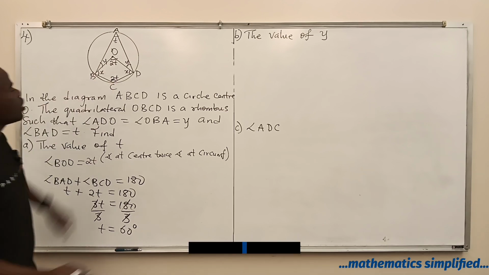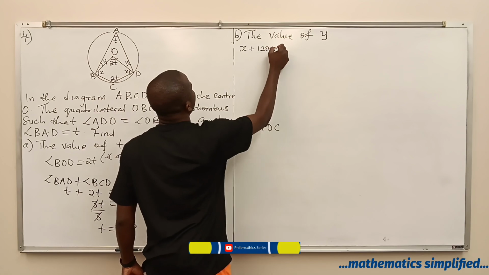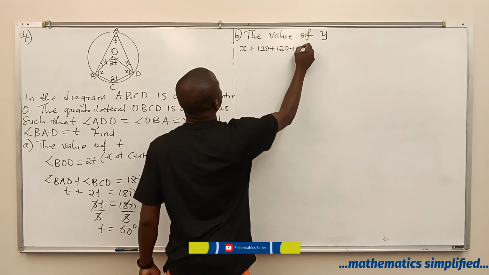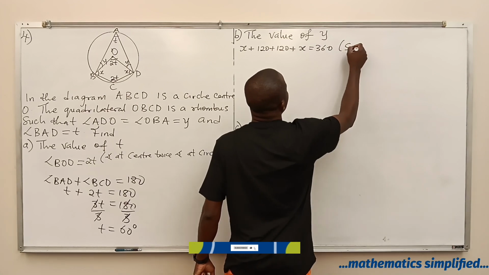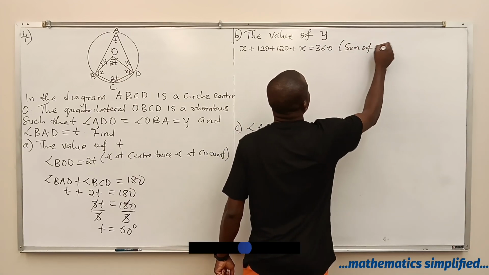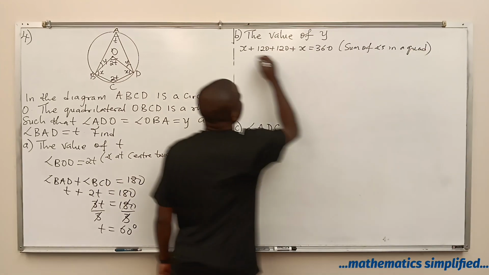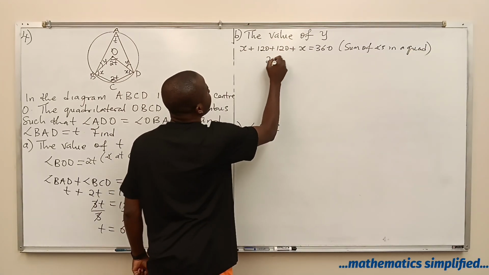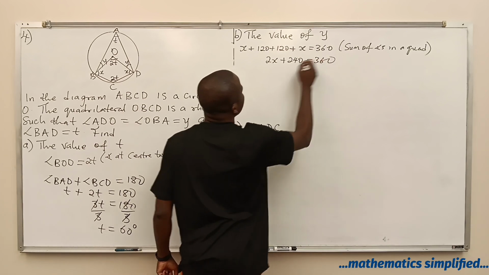Here will be 120. So X plus 120 plus 120 plus X equals 360, sum of angles in a quad. And so we have 2X plus 240 equals 360.